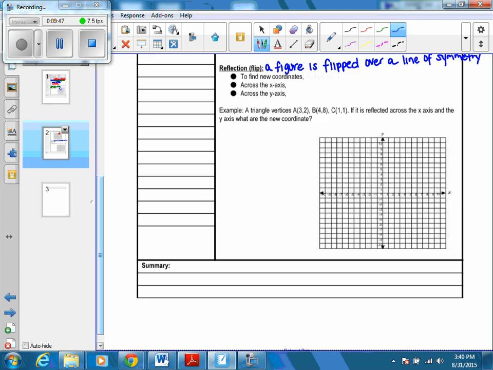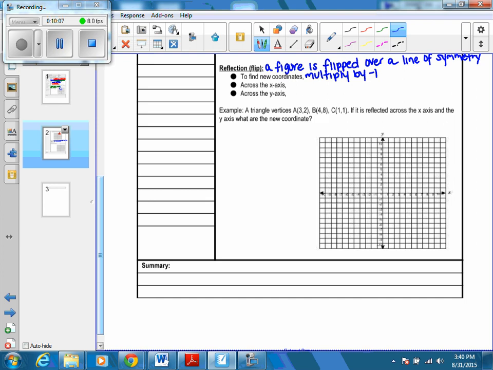All right, a figure is flipped over a line of symmetry. So to find new coordinates, we have to multiply by -1.